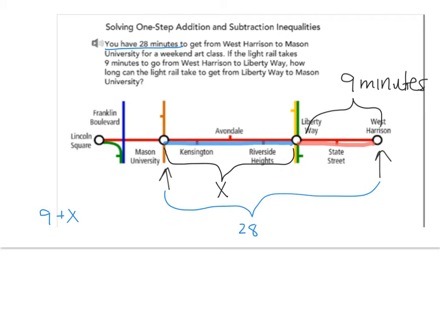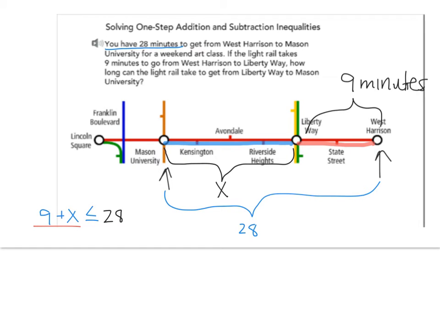So 9 plus X has to be no longer than 28 minutes. This part of my equation has to be less than, or it could be equal to, 28 minutes. I can't go higher than 28 minutes, so it has to be less than or equal to 28.